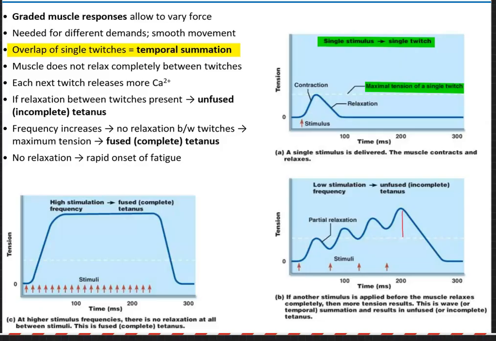You can see it here. In this situation, when, as you can see, there is a period of partial relaxation between individual twitches, we have on our hands unfused or incomplete tetanus.